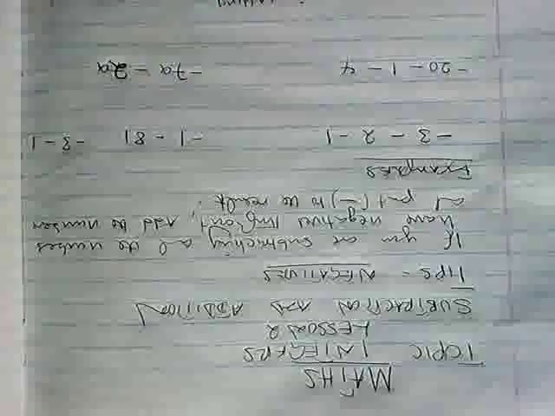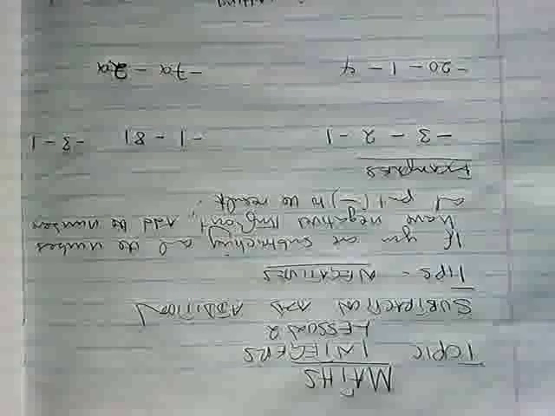We don't have any plus here, we don't have multiplication, we don't have division. It's throughout subtraction. So this one and this one are representing subtraction. We are subtracting 3 numbers in a row.